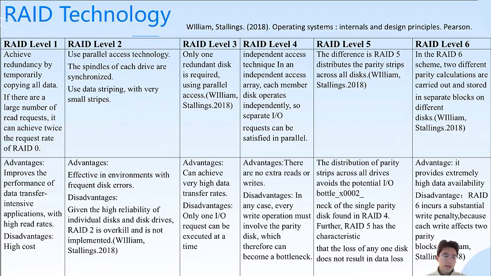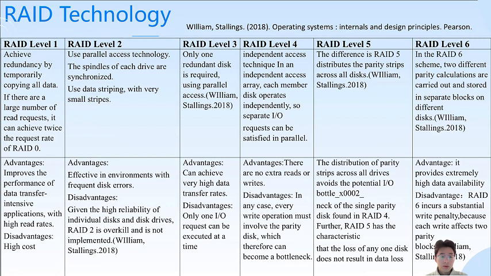So here you can see RAID levels 1, 2, 3, 4, 5, and 6. About level one, its advantage is that it improves the performance of data transfer, but it creates high cost.